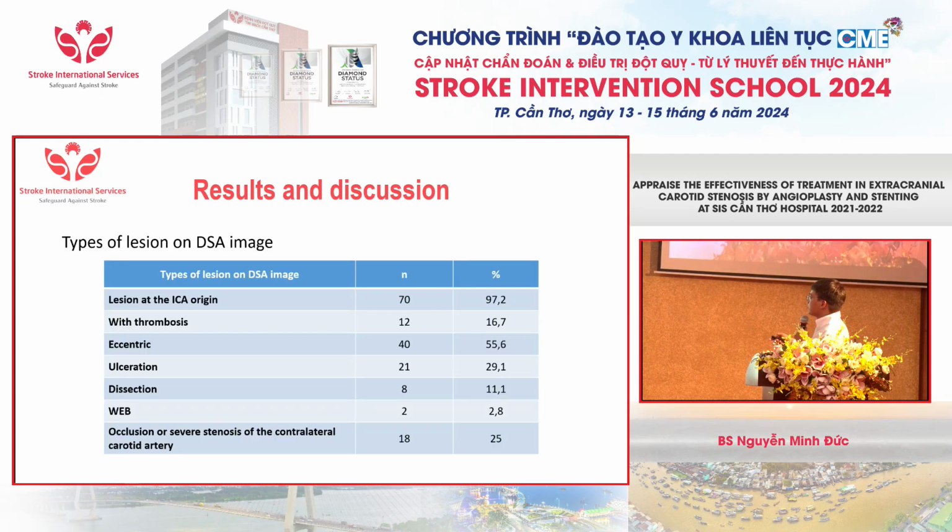The lesion types on DSA imaging were mostly lesions at the origin of the ICA. Some cases had thrombosis, some eccentric lesions, some ulceration. We had 8 cases with dissection and 2 cases of web.